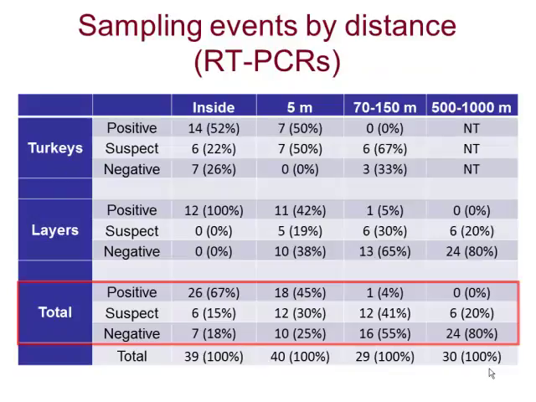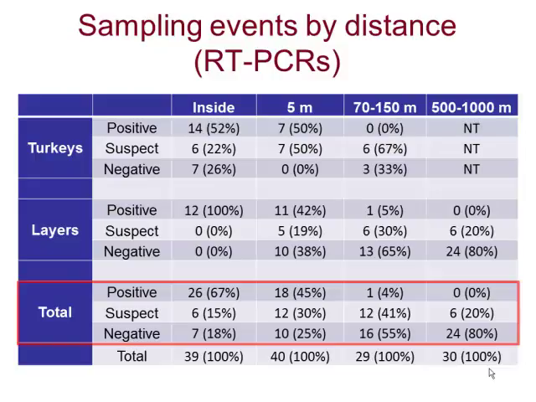When we look at the results by distance, here we have turkeys and layers, and then the results from the inside, where we detected 60% of our samples positive inside of the facilities. 45%, very similar, immediately outside of the exhaust fan, and that was expected. But then we had one positive at 70 to 150 meters.